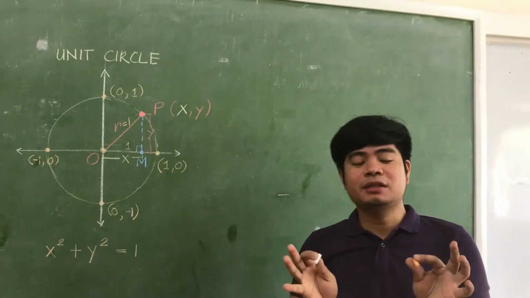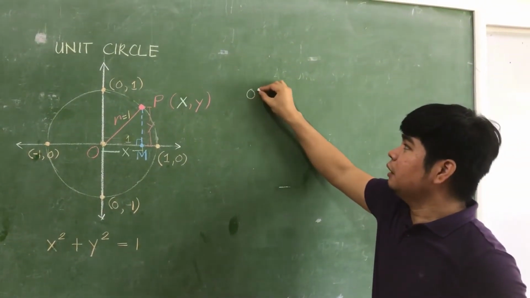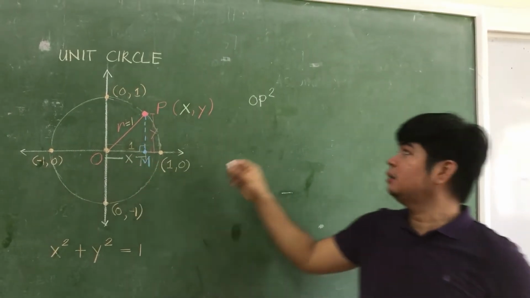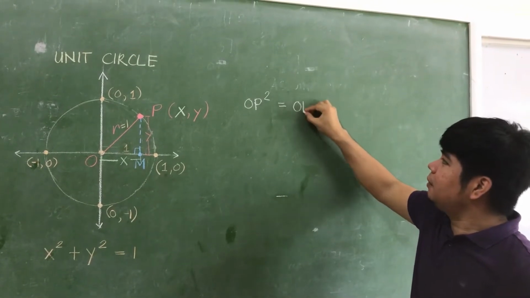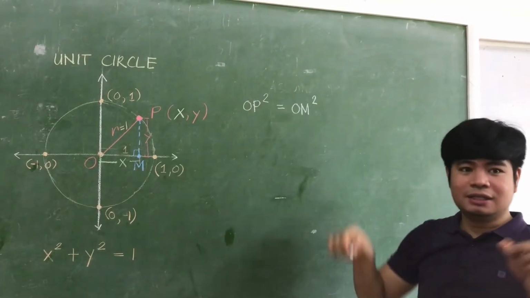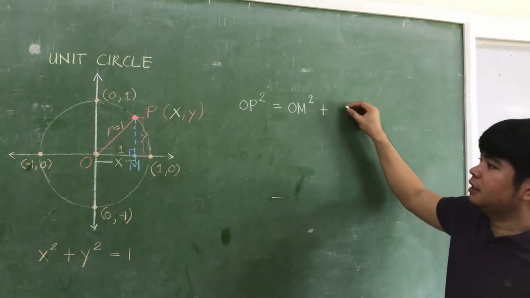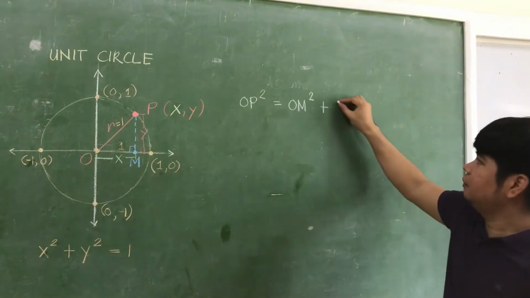Therefore, using the definition of the Pythagorean theorem, we know that the square of the hypotenuse OP is equal to the sum of the squares of the two sides: OM squared plus the square of another side PM here.